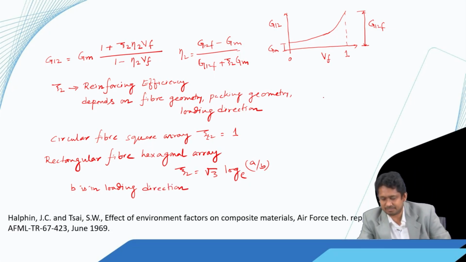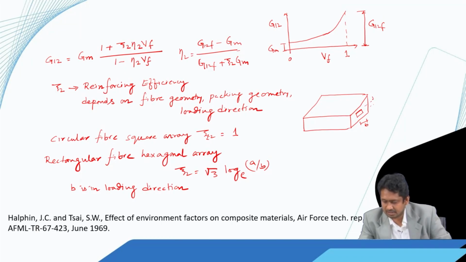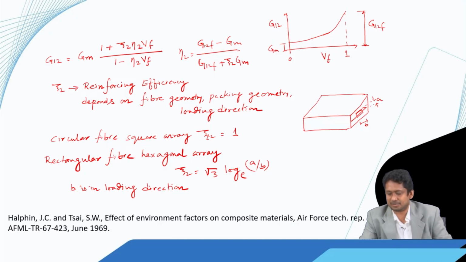Again, to understand that, let us draw a similar diagram to what we did before, and let us say that we have a rectangular cross section fiber here with this being B and this being A. Now, the shear load is such that at this face it is in this direction.